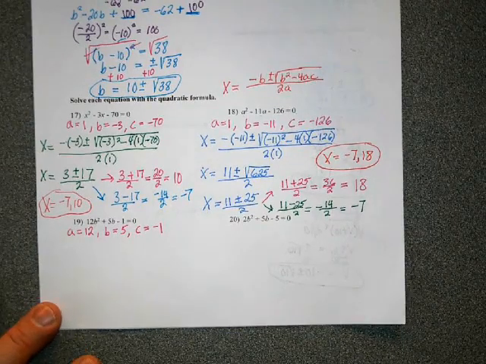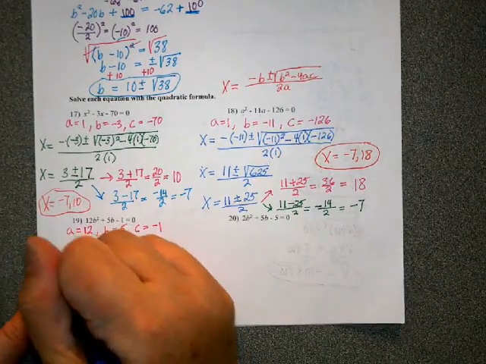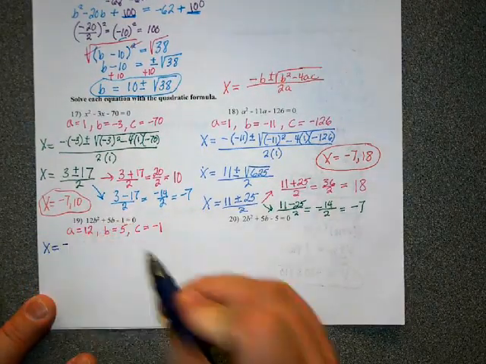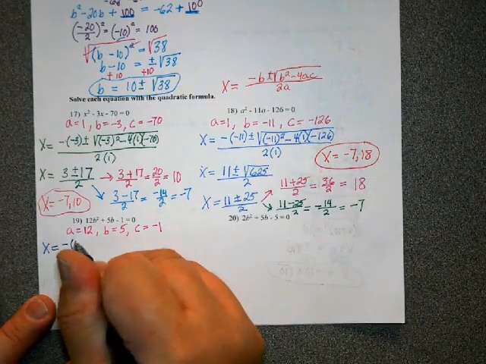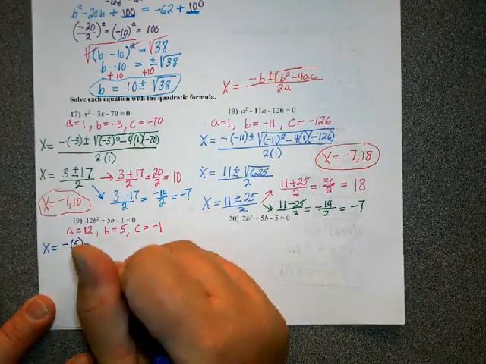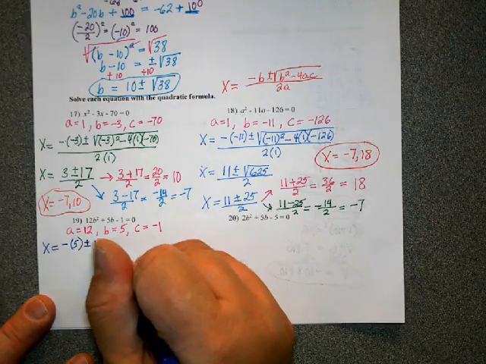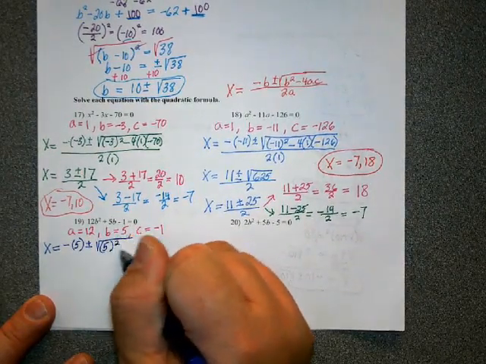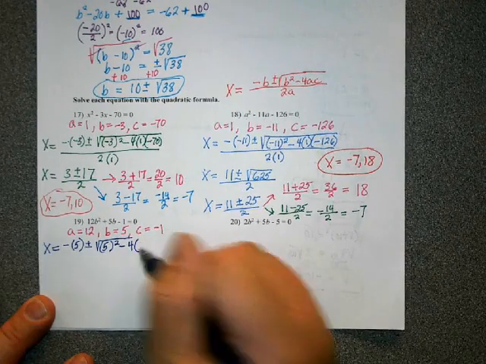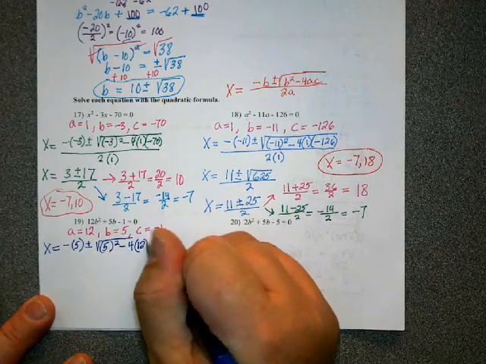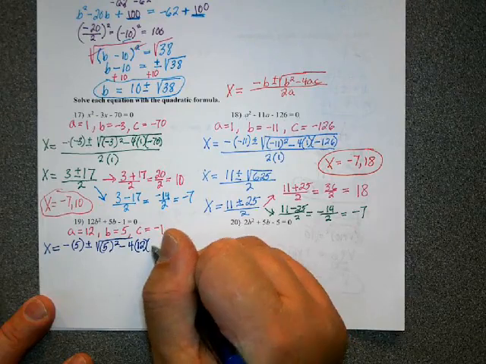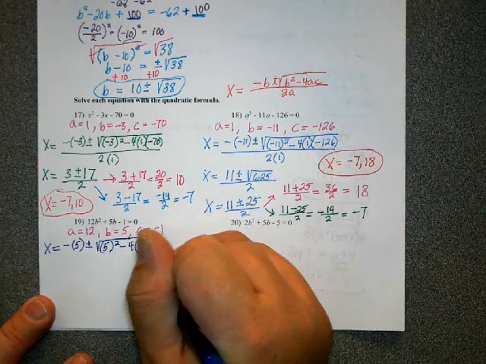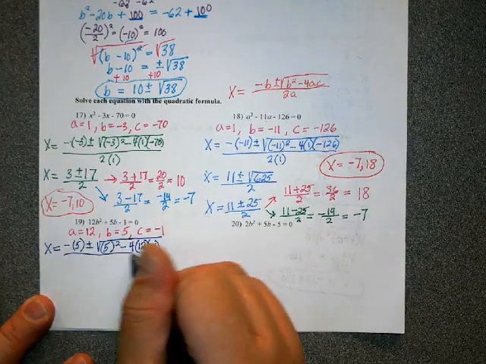X equals negative B, which is 5, plus or minus square root of B squared minus 4AC, all divided by 2A, which is 12.